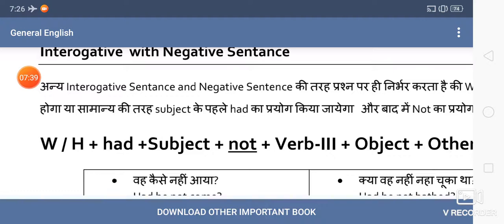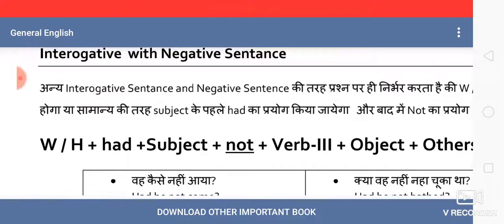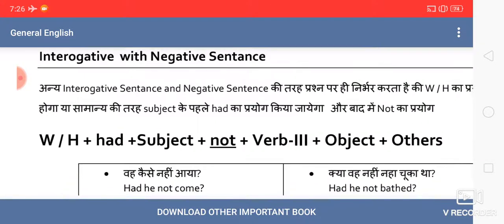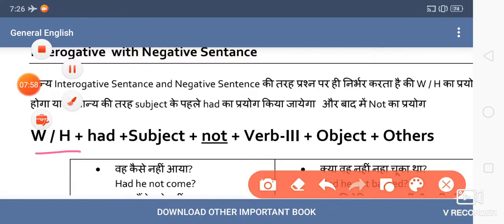And in certain situations, we also speak sentences which are interrogative and also in negative mood. So in such cases, the structure changes a little. There's a little change you can see. This is the WH word, then had, then not will not come there.